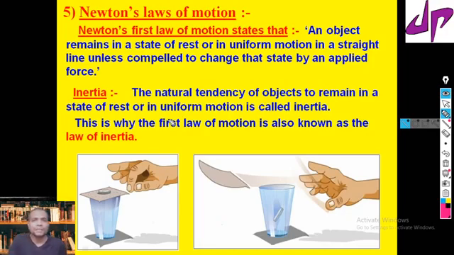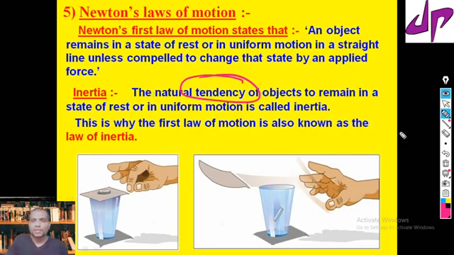I hope you are getting the meaning of natural tendency. That's its nature. The moving objects have this nature, and the objects which are at rest also have this nature. They don't want to change that nature at all.